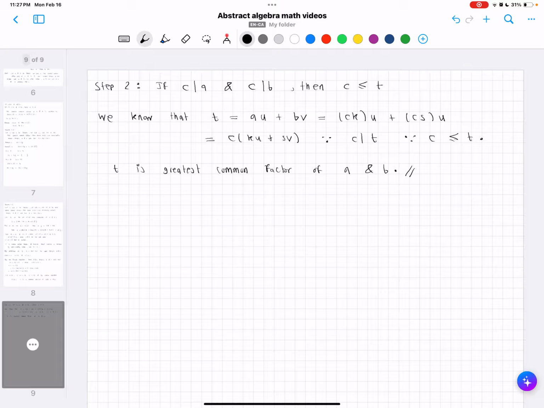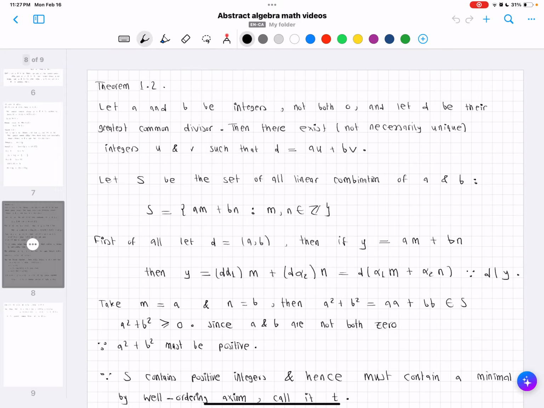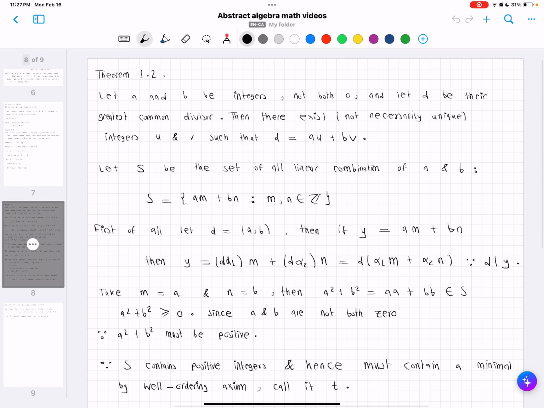Again, let's analyze what's going on. As I've mentioned, d is a factor of both a and b, and it is a factor that generates all the possible elements of the linear combinations of a and b.